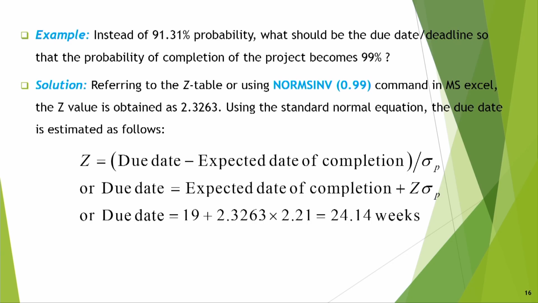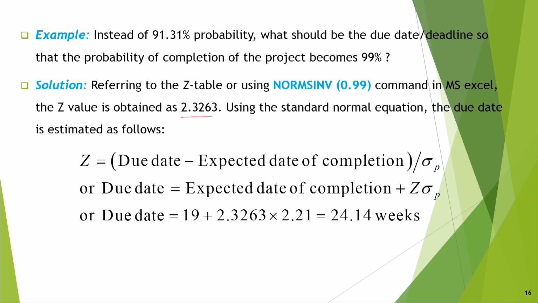So, how should I find that? If the probability is given, I have to find the corresponding Z. So, in Microsoft Excel, you can use NORM.S.INV of 0.99. If you use that command, you get a Z value equal to 2.3263. That means if Z is 2.3263, then you get 99% area.